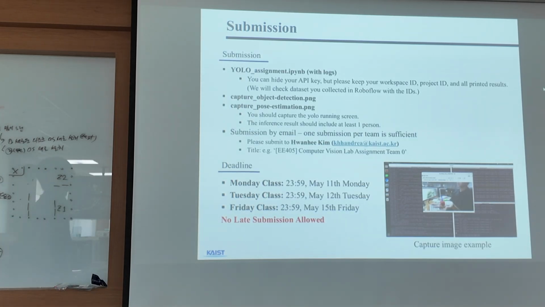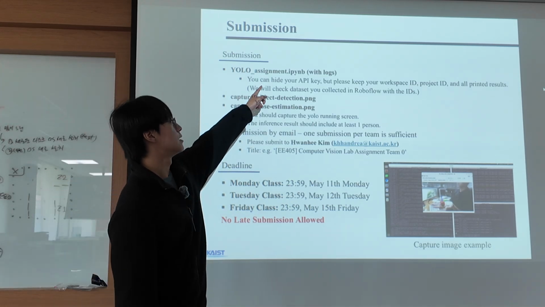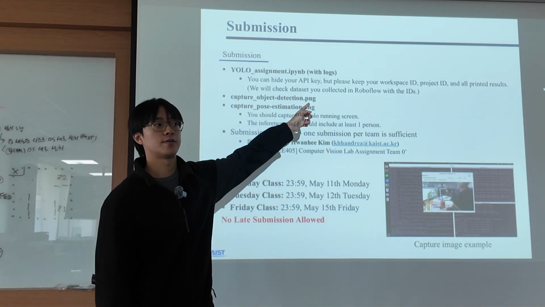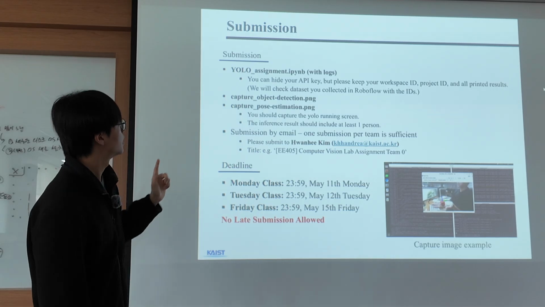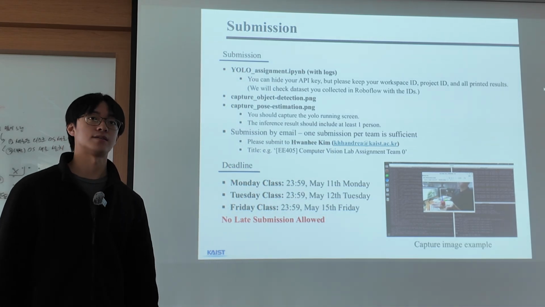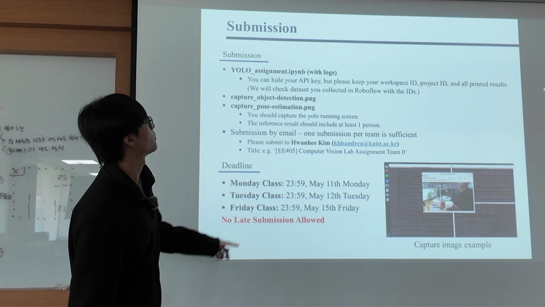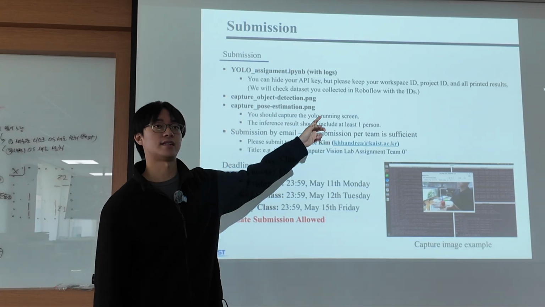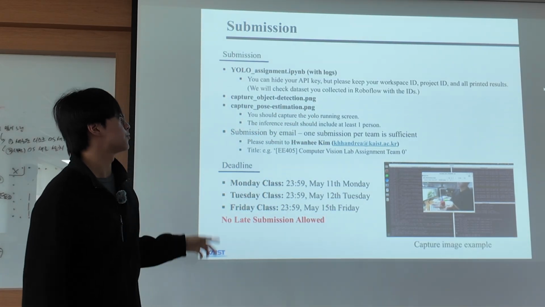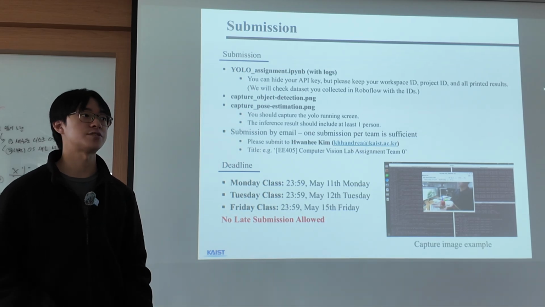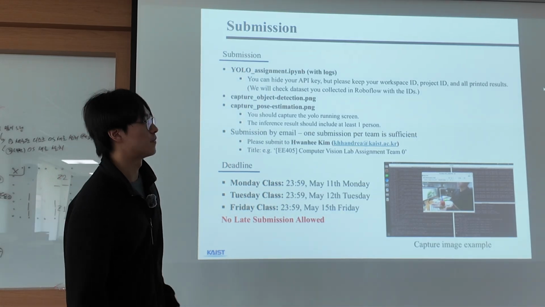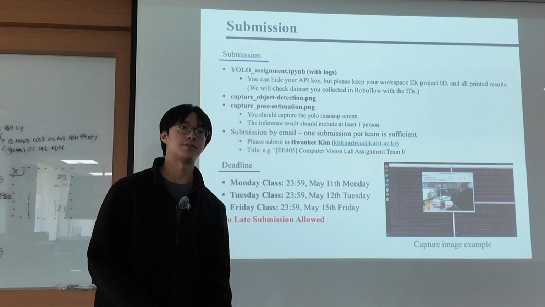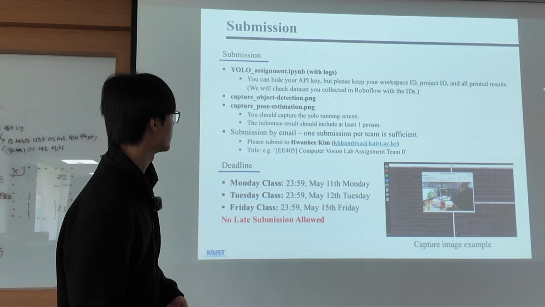For submission, you should submit the Jupyter Notebook file with the remaining logs. You can hide your API key because it can be misused, but please keep your workspace ID and project ID so that we can search your RoboFlow dataset to check whether you collected the dataset well.